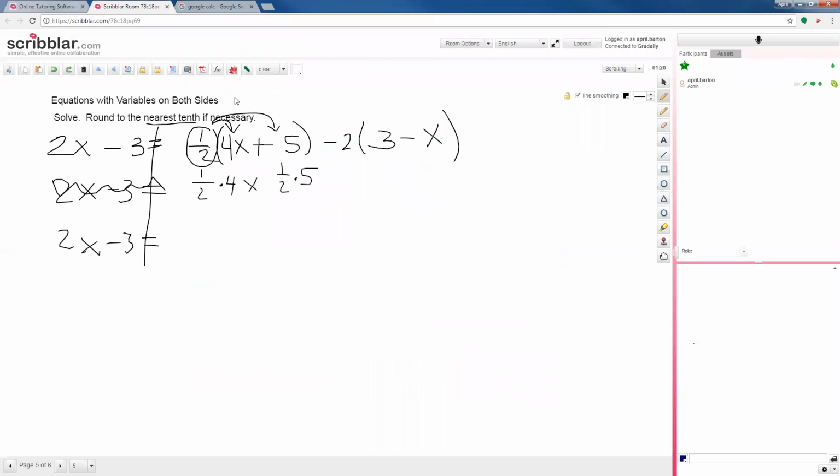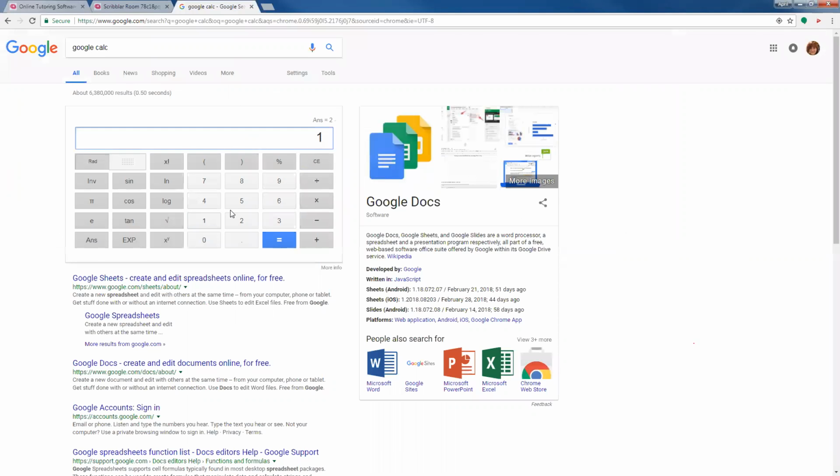So, 2x. 1/2 times 4 came out with the 2. Then we do the 1/2 times 5. Same idea, 1 divided by 2. So anytime you see that fraction bar, we're just going to hit divide in our calculator. Multiplied by 5 is 2.5. We get a decimal, but that is okay.